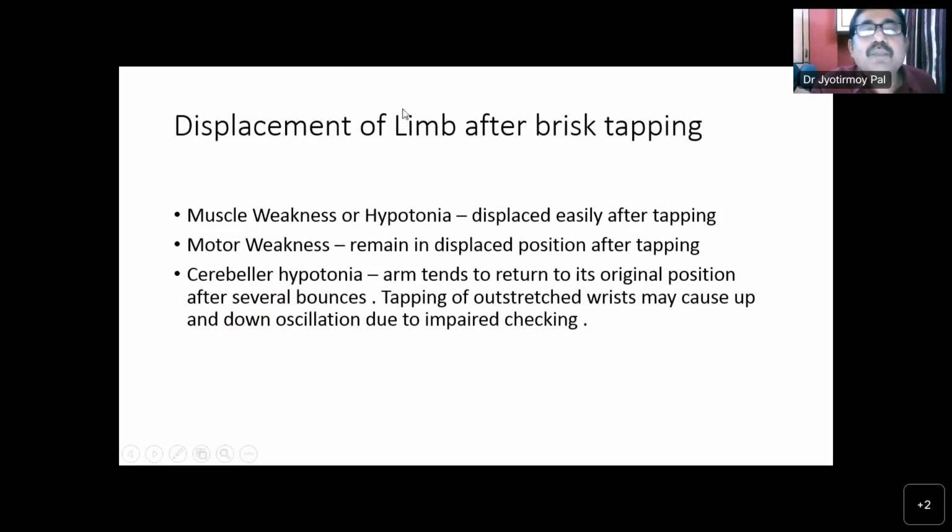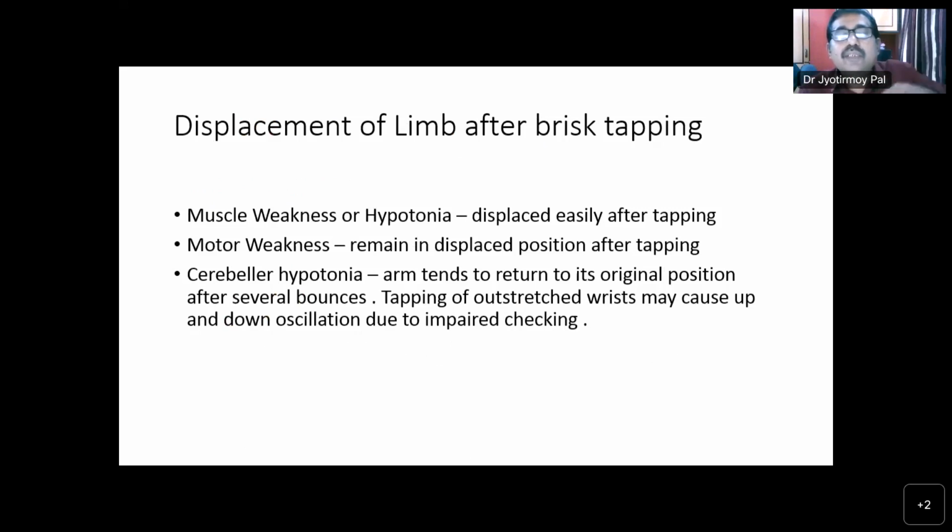There is a displacement of the limb after brisk tapping. If there is hypotonia, suppose my arm is like this, you give a tapping, what will happen? This will displace very easily. But in case of corticospinal tract lesion, there is spasticity, so there will be little displacement. But in cerebellar hypotonia, what will happen? You tap, the arm will move, then it will come back to the original position.